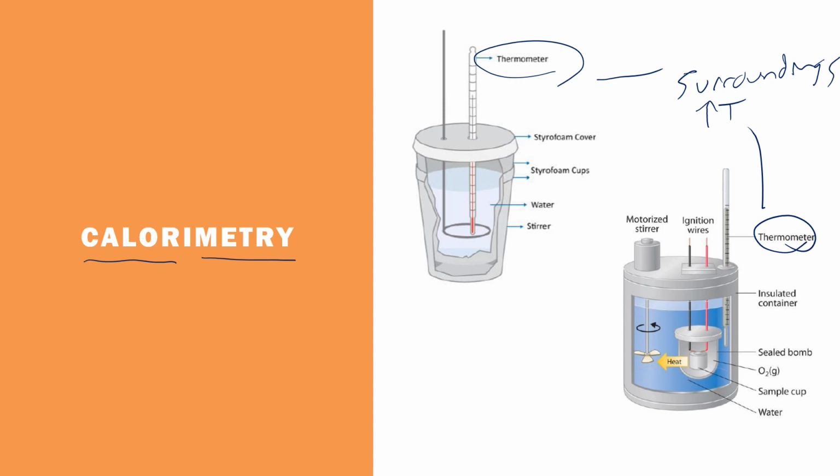So if you have an increase in temperature of the surroundings, that's exothermic. If your thermometer is picking up a decrease in temperature, that means the heat must be going into the system and away from the surroundings, and so that will be endothermic. So just be really careful there. That's a big mistake that I see sometimes, that you'll flip that around. Don't do that. The thermometer is measuring the surroundings.